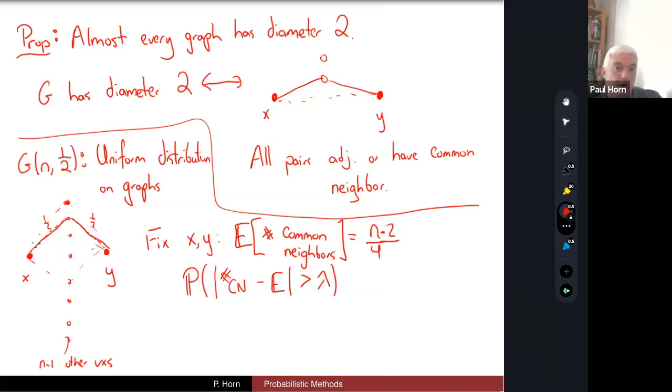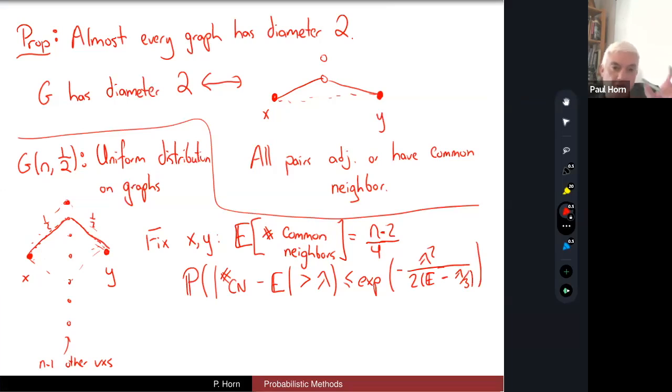So this Chernoff bound that I mentioned applies. So this is less than e to the minus lambda squared over twice the expectation minus lambda over 3.